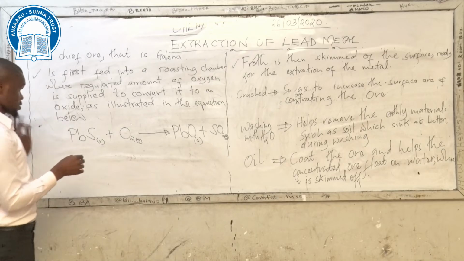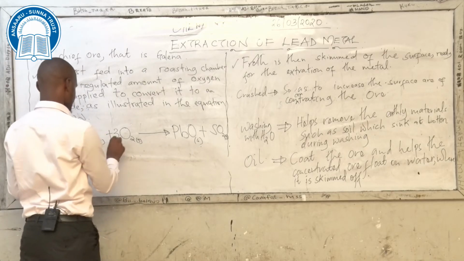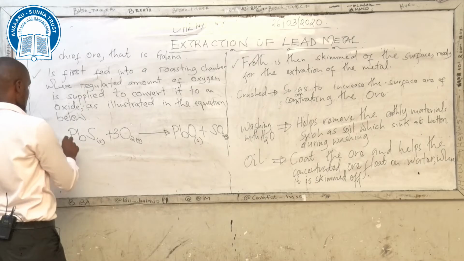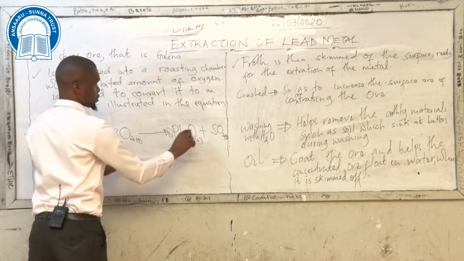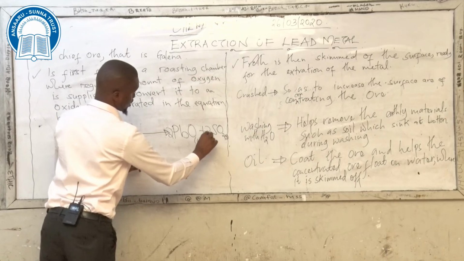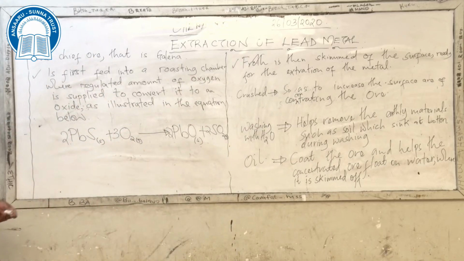To balance, we put a 3 there, a 2 here, a 2 there, and a 2 there. So this is the equation of the roasting of lead sulfide, the main component in galena, to form lead(II) oxide.